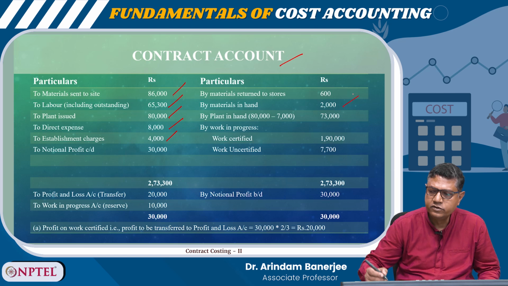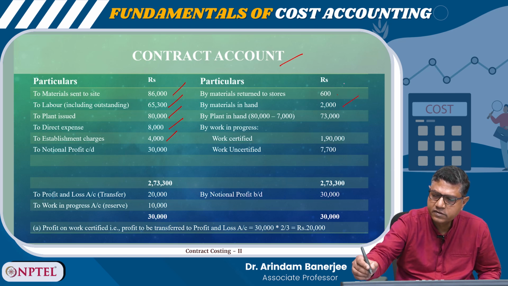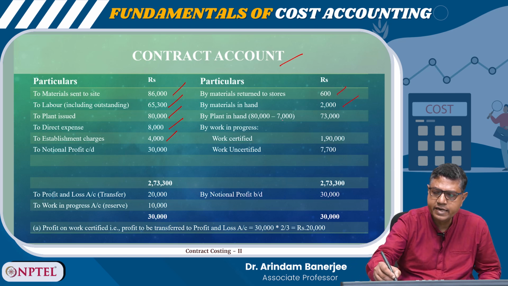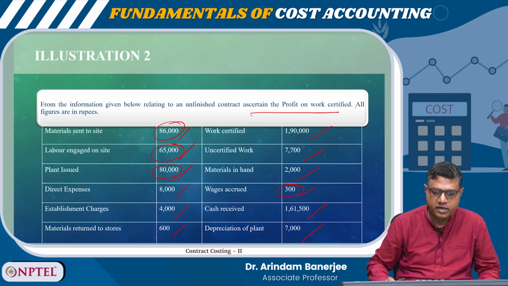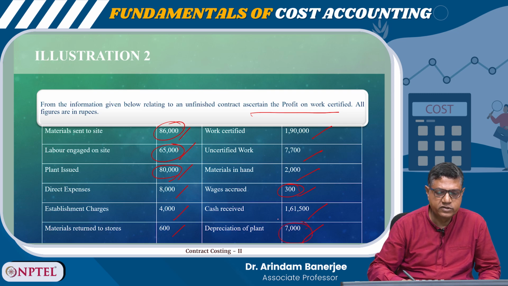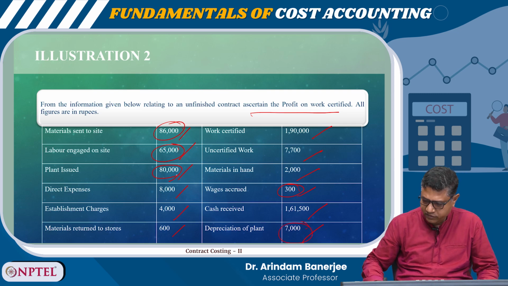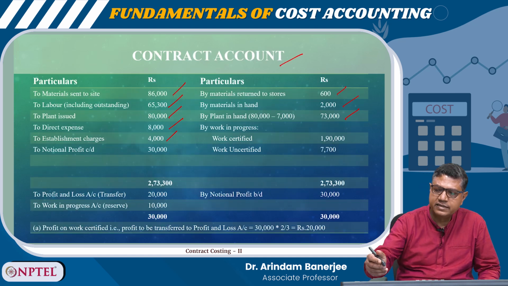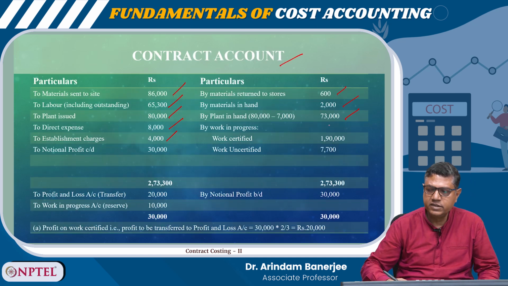Materials in hand 2,000. Plant in hand is 80,000 minus 7,000. So, you can see here the depreciation is 7,000 and plant is 80,000, so 80,000 minus 7,000 is 73,000.